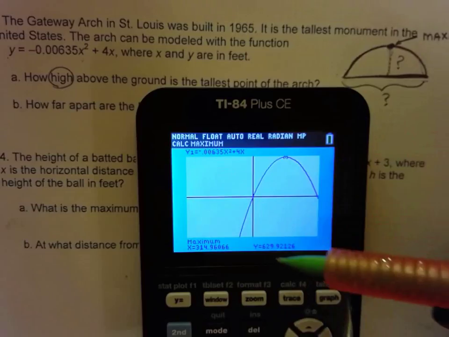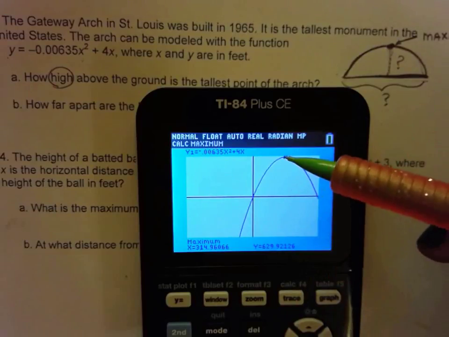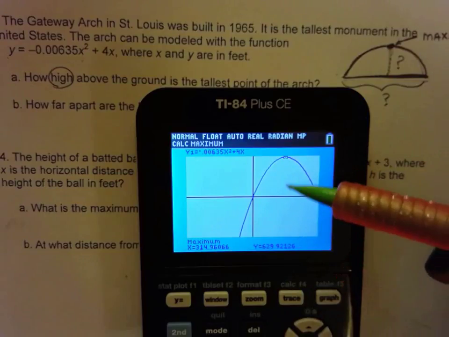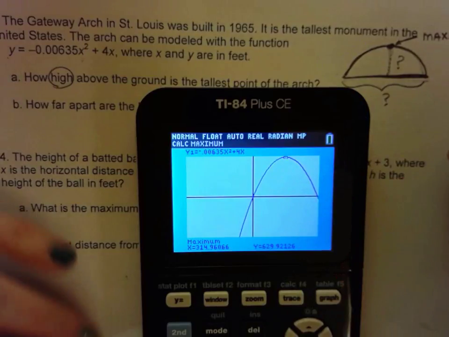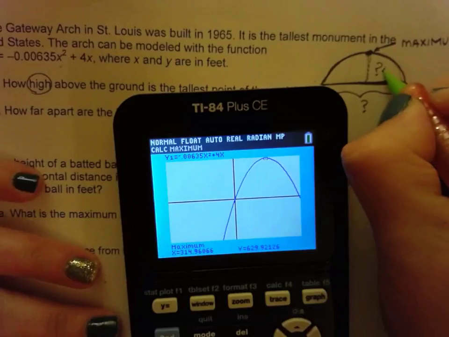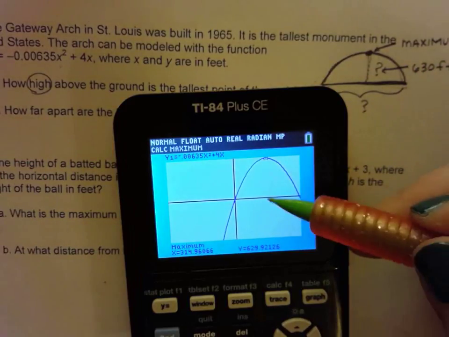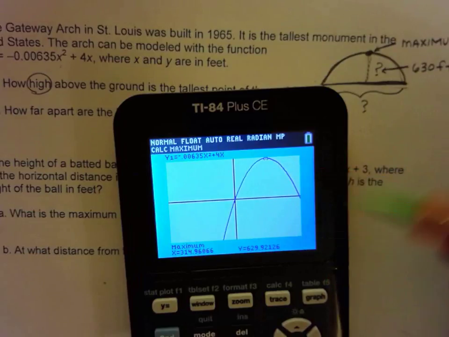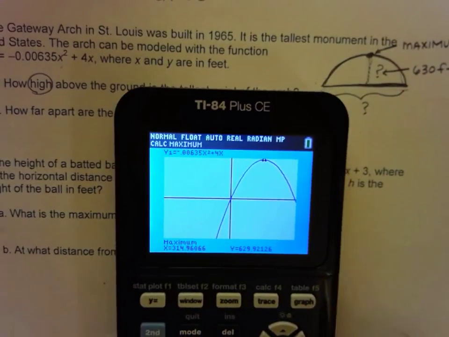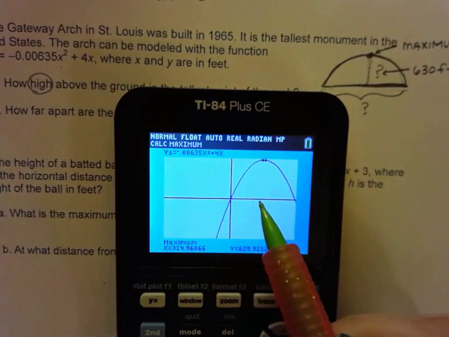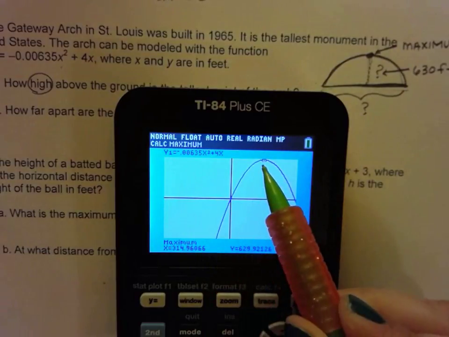So the y coordinate is how high this vertex is. So it's actually going to be 630 feet high. So this question mark right here, 630 feet. That's your height, because that's your y value on your graph. Now, the x coordinate is how far you had to go over to get up to that point.